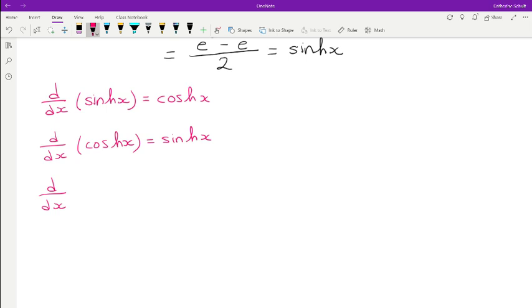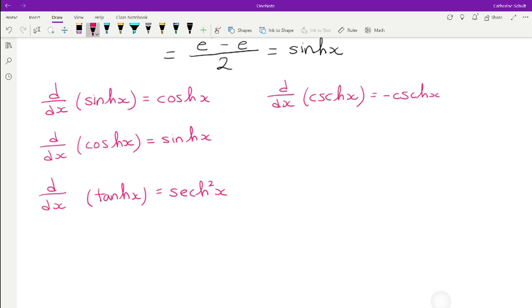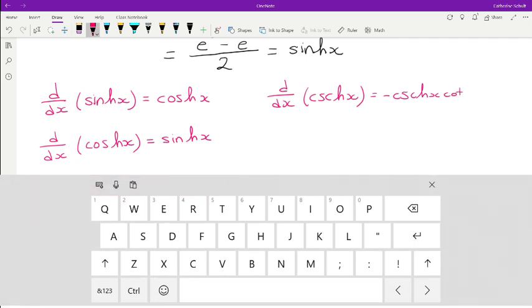The derivative of the hyperbolic tangent is something similar to the circular functions, secant squared or hyperbolic secant. This is going to be negative hyperbolic cosecant, hyperbolic cotangent.